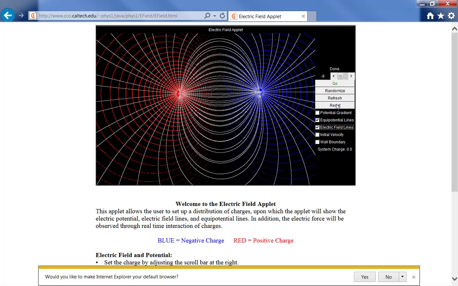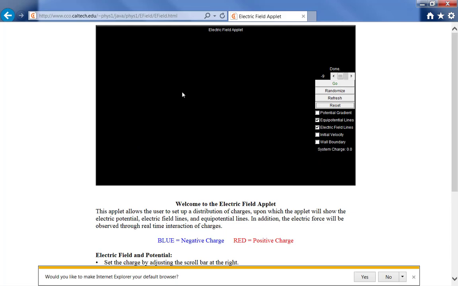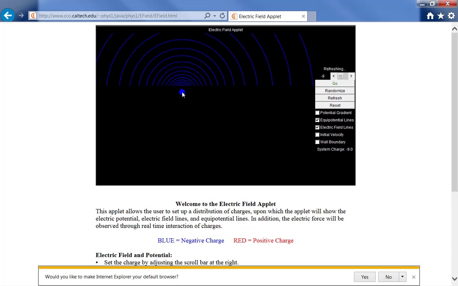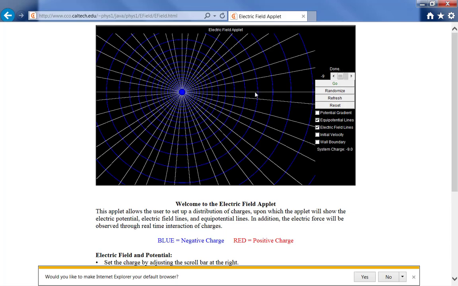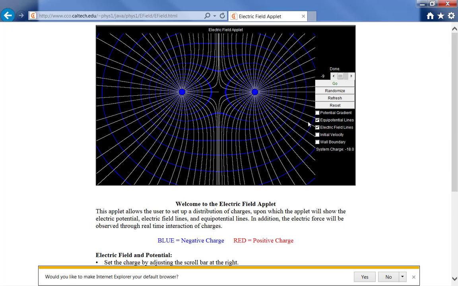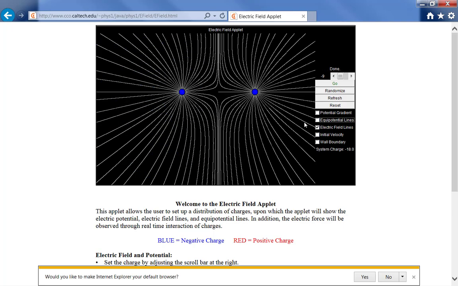Let's reset, and instead of looking at two oppositely charged particles, let's look at two particles with the same charge. I'm going to turn the potential off for a moment, so we're only looking at the field. This line here is a drawing artifact and doesn't actually exist. But you can see in the middle the 0 in electric field.